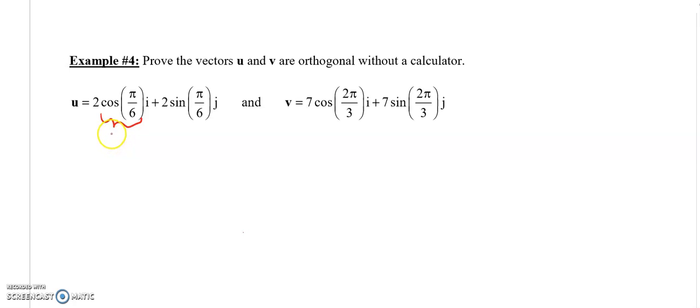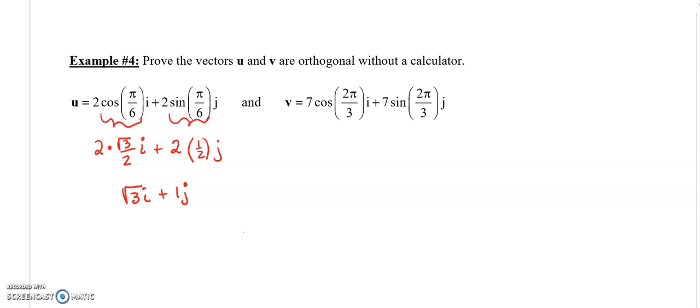And I realize that cosine of pi over 6 is root 3 over 2. So I'd have 2 times root 3 over 2 i. And then I'm going to think about sine of pi over 6. And sine of pi over 6 is 1/2. So I have root 3 i plus 1 j.